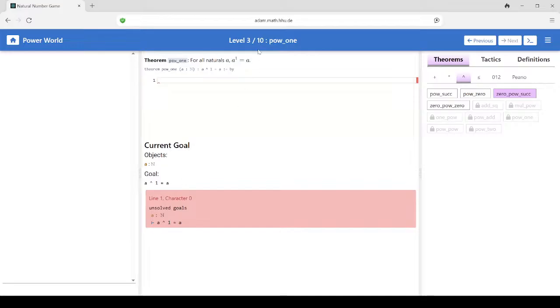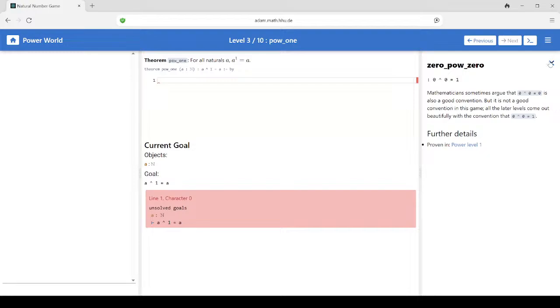We have 10 whole levels to get through. A to the power of 1. We use... Nope, not the 0.